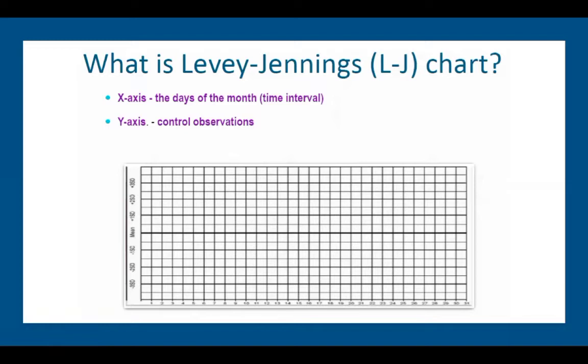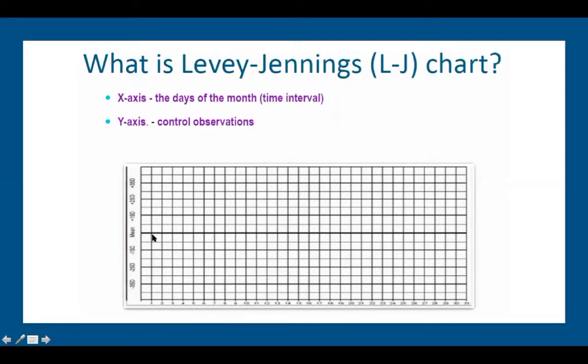At the point of intersection, we write 100, which is the mean. 1 SD means 100 plus 2, 102. 2 SD means 100 plus 4, 104. 3 SD means 100 plus 6, 106. Similarly, on the lower side, minus 1 SD is 98, minus 2 SD is 96, minus 3 SD is 94.